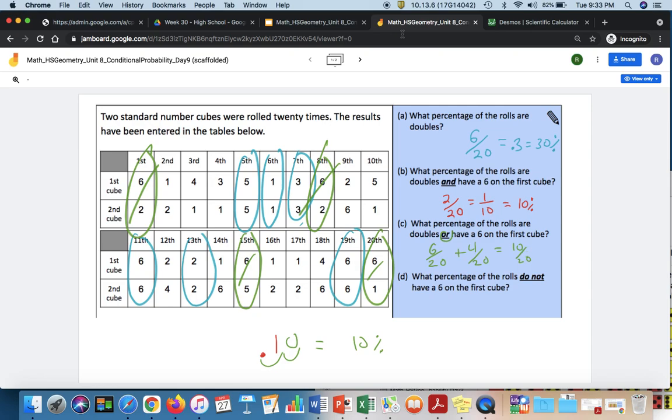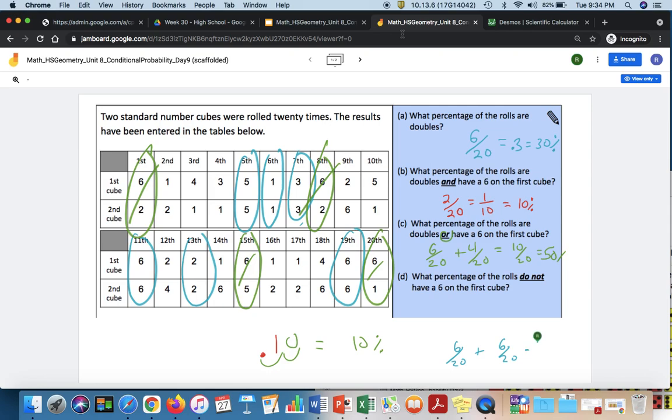which is, if we count here again, if we have 10 out of 20 possible outcomes, well, that's half, so that's 50%. And if we are choosing to use something like the addition rule, well, that would be 6 out of 20 for doubles plus 6 out of 20 for options that have a 6 on the first cube.